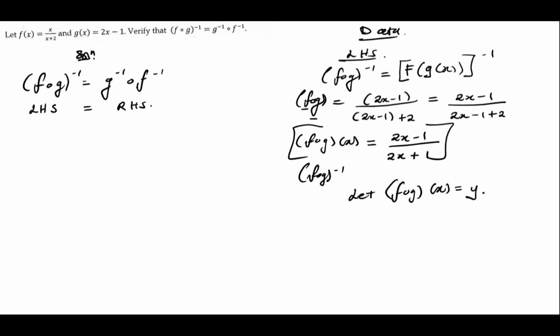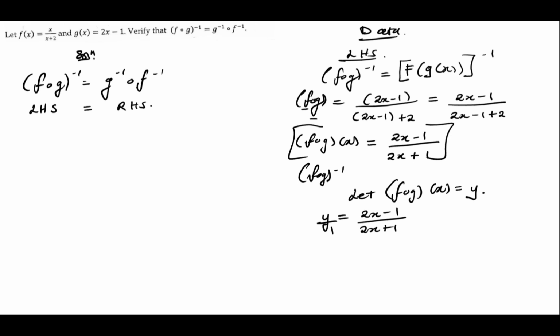In our case, we use y. So this entire portion is going to be y. So we have y equal to 2x minus 1 over 2x plus 1. Then we have to solve for x. Now this is basically over 1.